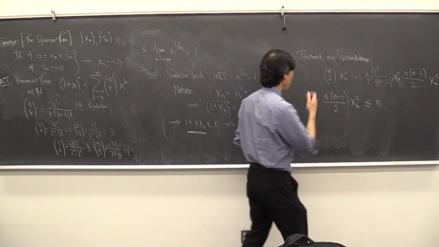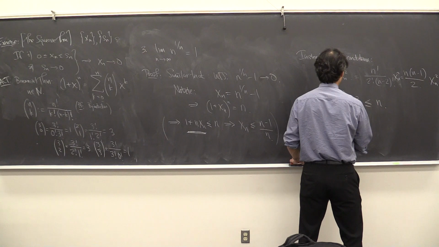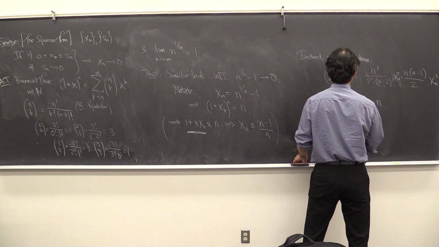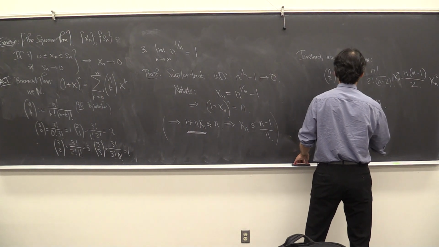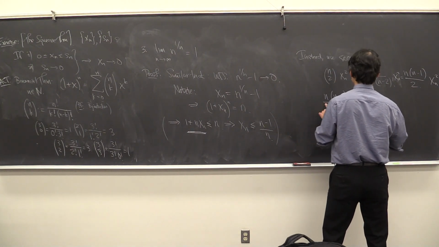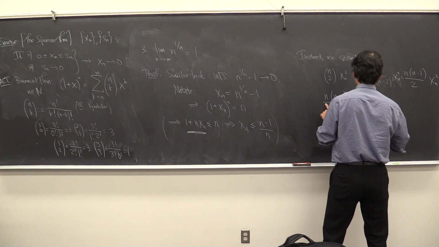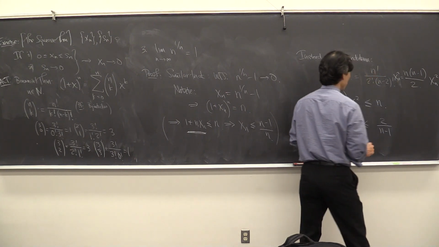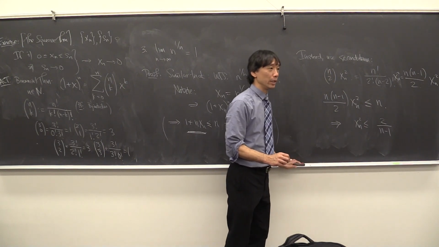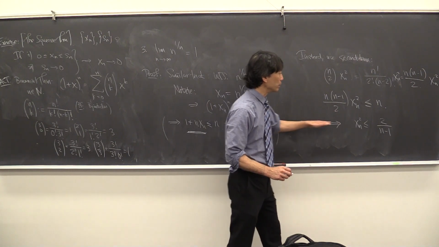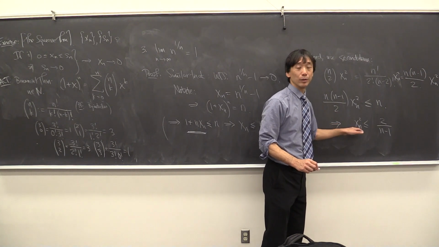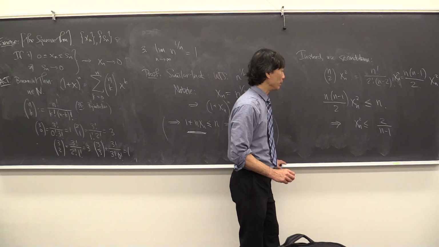And then what we get is that x_n squared is smaller than 2 over n minus 1, right? And then as n goes to infinity, x_n squared is going to go to 0, and so x is going to go to 0.